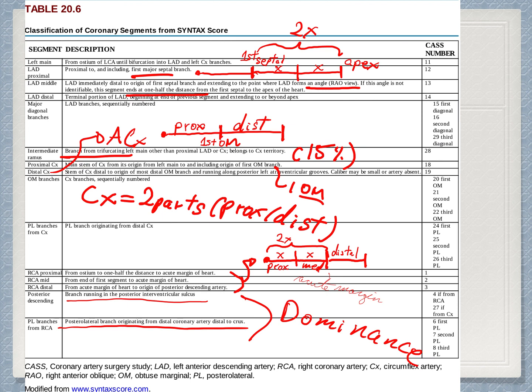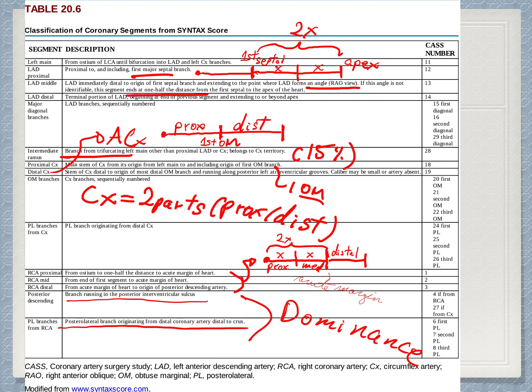And from the first septal branch, you go to the final point where you see the artery and divide this into 2 equidistant sections. That's why you can see X and X. And that will differentiate what is mid LAD and what is distal LAD.